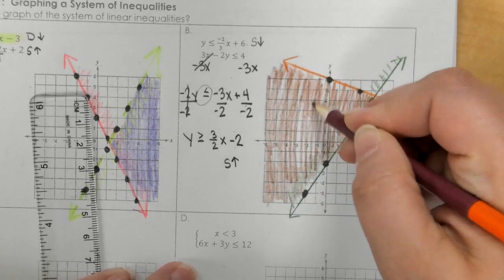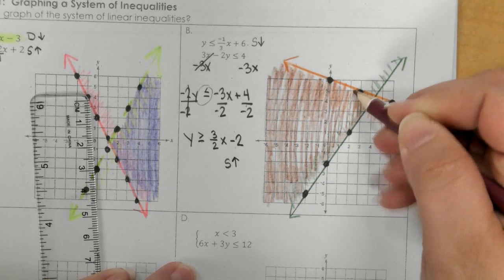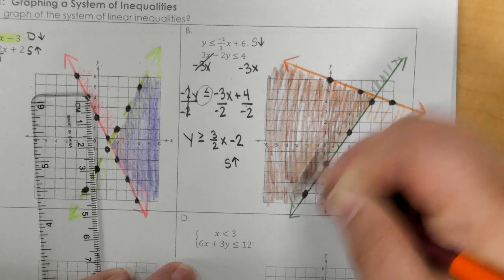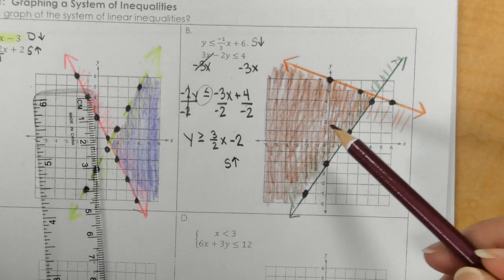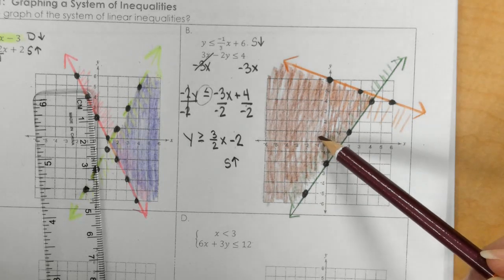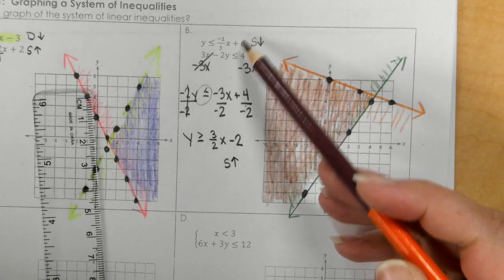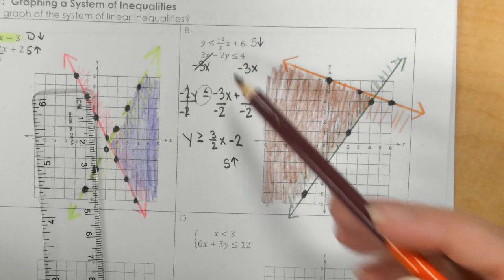Alright, so just to recap, this section that I colored brown is your solution, meaning that every single point in this section is an answer or a solution to this linear system of inequalities.